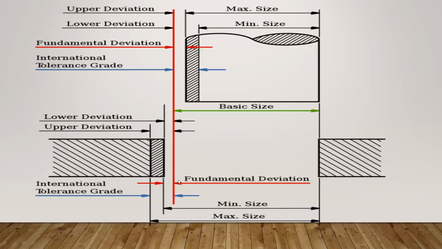But in the modified version, you can see the fundamental deviation limit is extended. So that comes outside of the hole, and the upper deviation and lower deviation also change their dimension, and the minimum size of the shaft is less than the minimum size of the hole, and the maximum size of the shaft is also less than the maximum size of the hole.